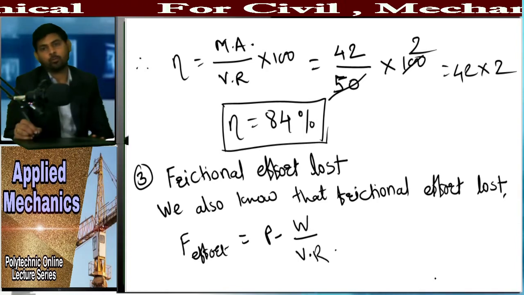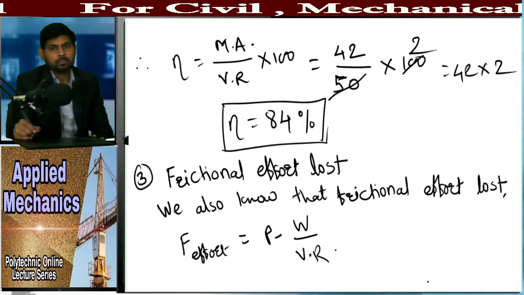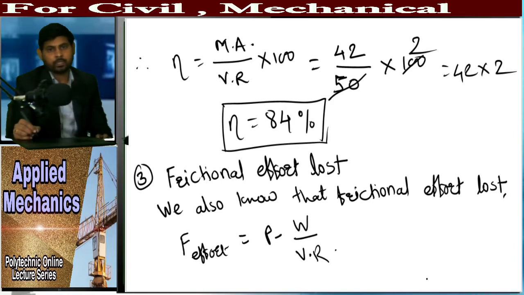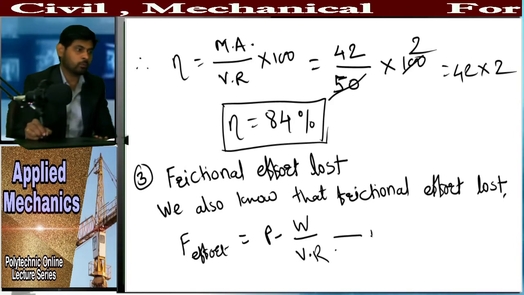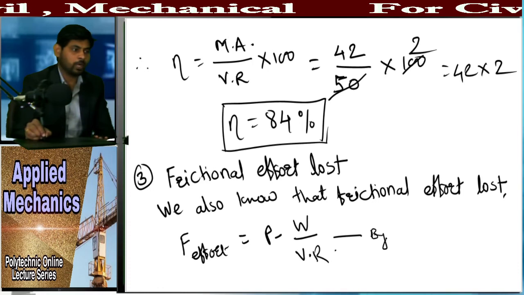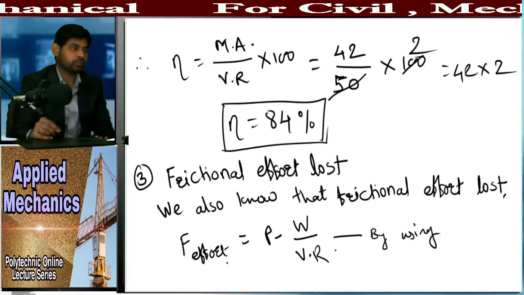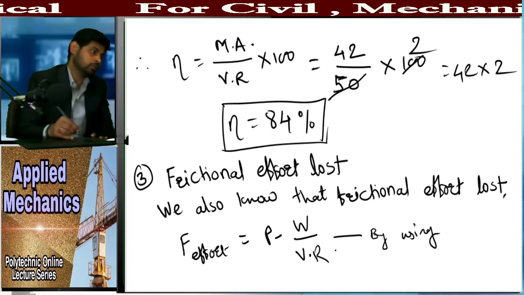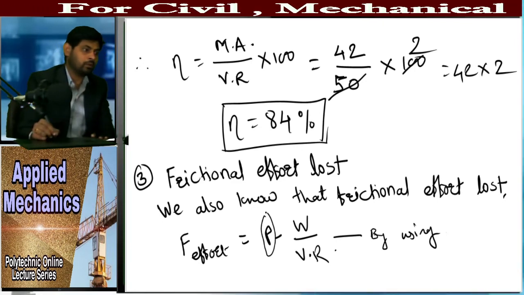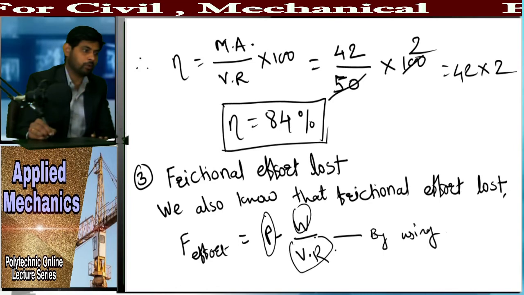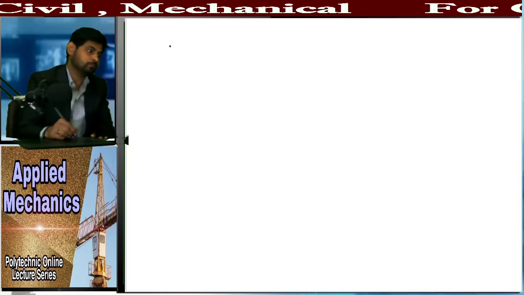So we know this formula from our second or third lecture of the second unit. So by using this formula we can find out the frictional effort loss. Just put all the values of P, W and velocity ratio in this equation.